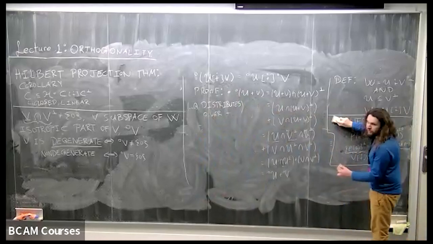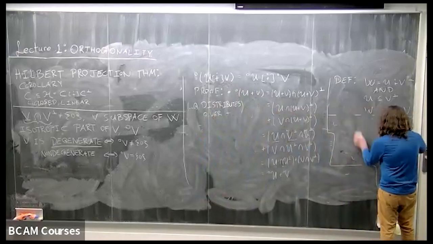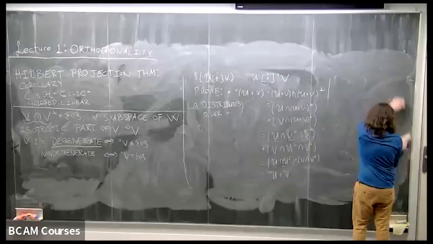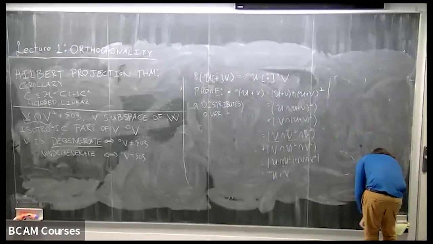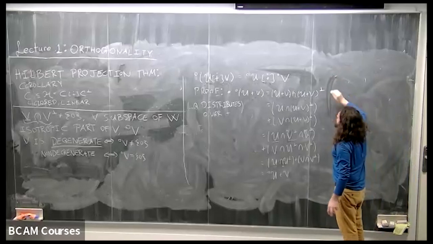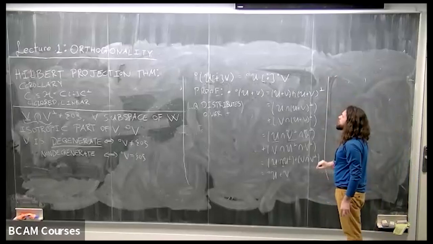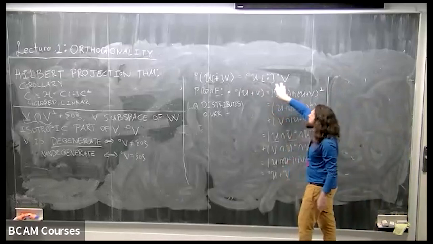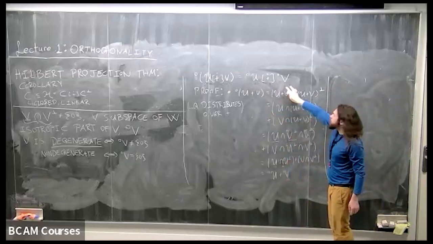Now the next two steps are easier, I promised. Let's see, so what else do we need? We need that the intersection of these two is trivial.